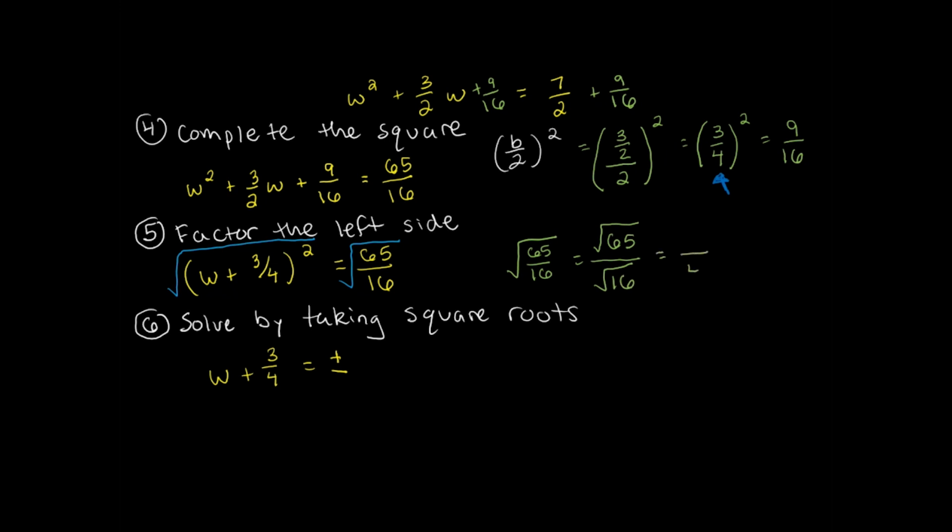So square root of 16 is 4, but we need to simplify 65. I want to see, can I split that up into something that I can then take the square root of? So what I do is I just bring out my calculator and I start dividing it by perfect squares.